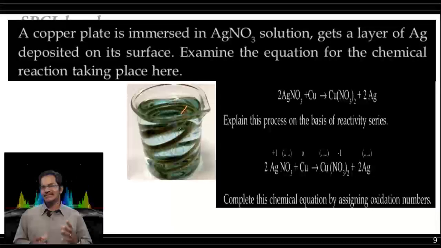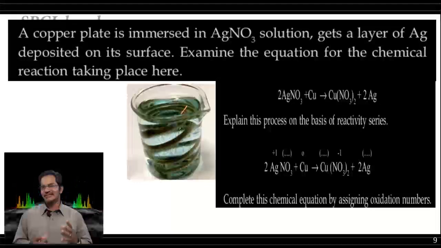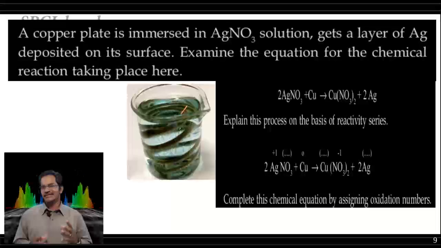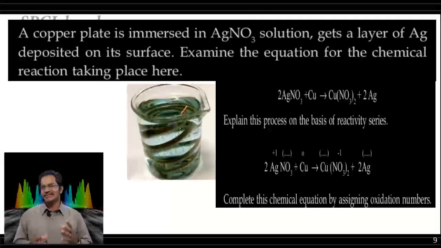Yes, it is very simple because the position of Cu in the electrochemical series is in the upper portion compared to silver. So silver is in the lower portion. So silver is less reactive than copper, or we can say copper is more reactive than silver. So the more reactive metal copper can displace the less reactive metal silver from its solution.